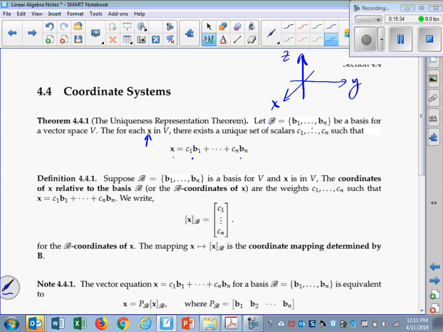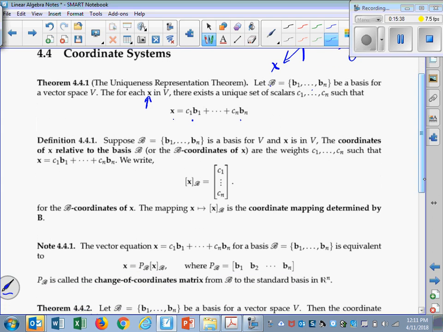Okay. That leads us to the next definition. Suppose that you have the same basis b1 through bn. It's a basis for V, and x is some vector in V. Then the coordinates of x relative to that basis B, sometimes we just call that the B coordinates of x, are the weights c1 through cn such that this is true, just like we have in the unique representation theorem. So how do we write this?